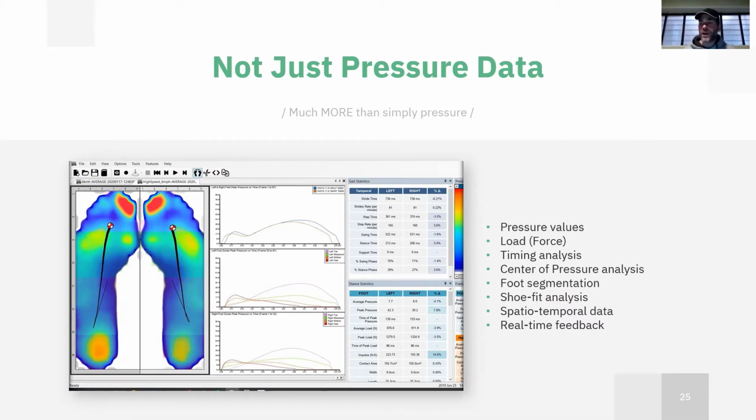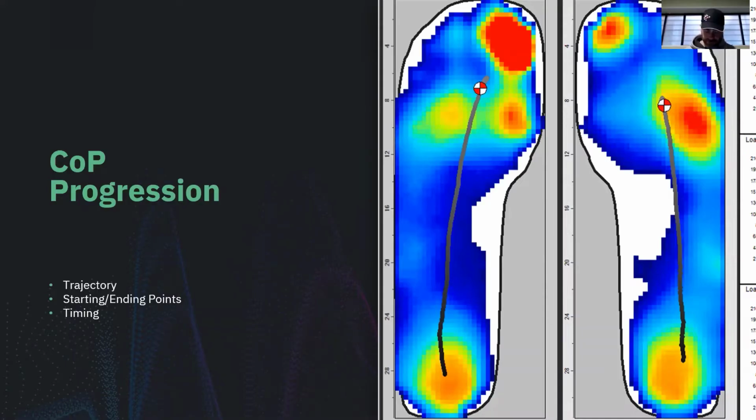We can use plantar pressure mapping for analyzing the effect of a shoe on an athlete. We can use this for shoe fitting. We can obtain spatiotemporal data, and we can also use it for training and retraining specific patterns as a real-time feedback and biofeedback tool.